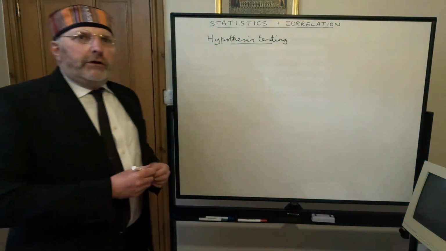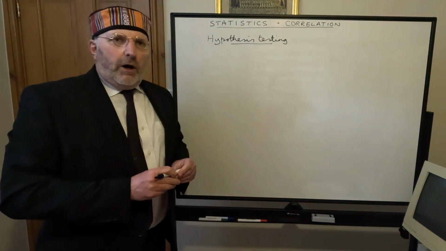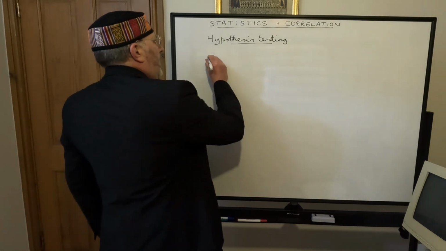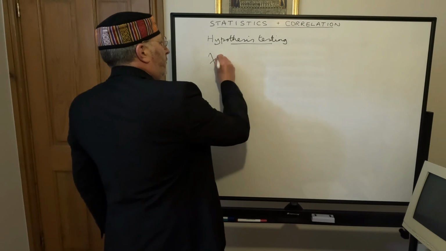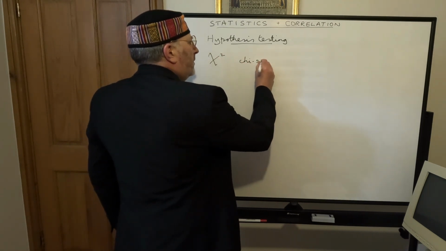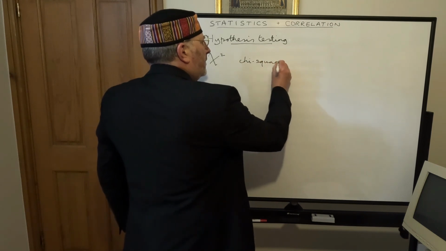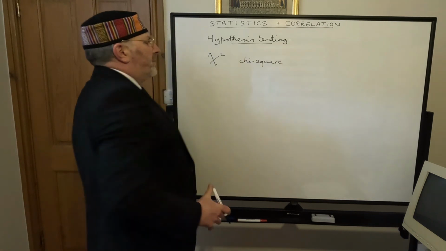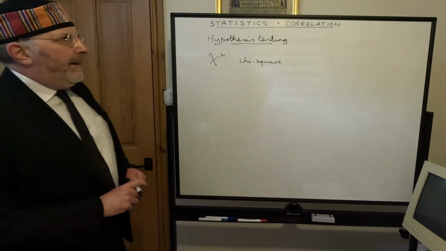Okay, I'm now going to give a specific example of hypothesis testing, so we can see how it actually works, with what's known as the chi-squared test. Chi-square or chi-squared, I tend to say, but some people call it the chi-square test.